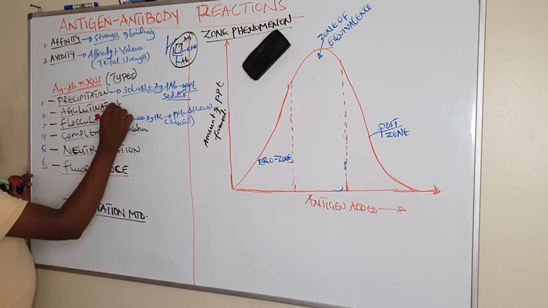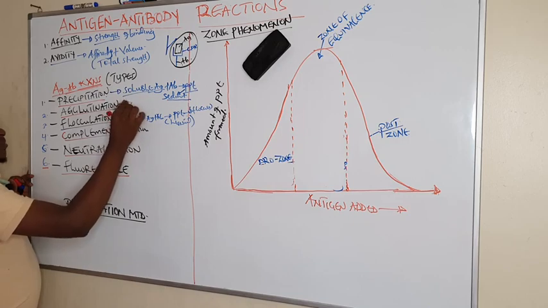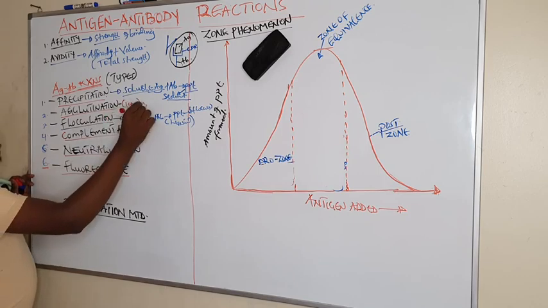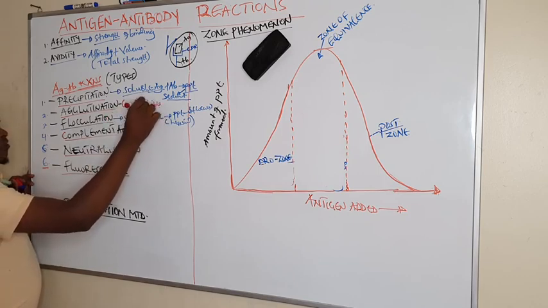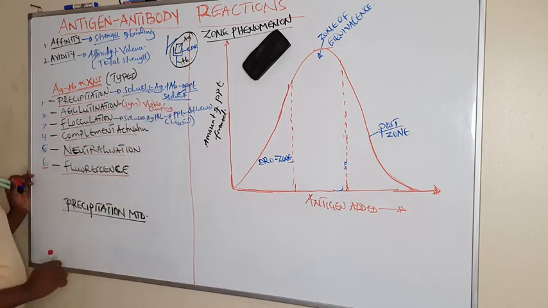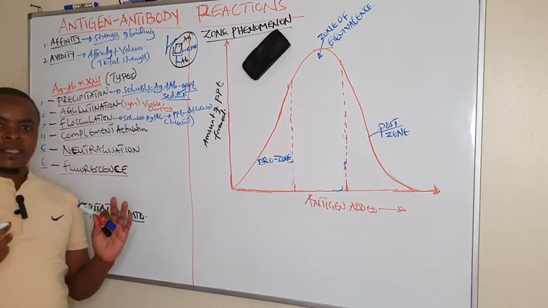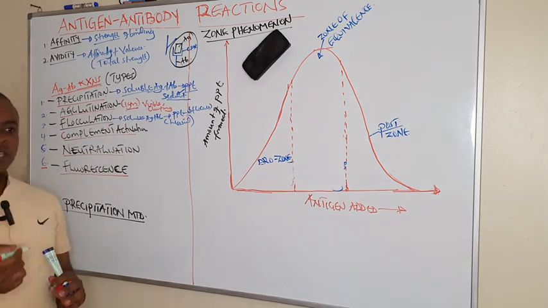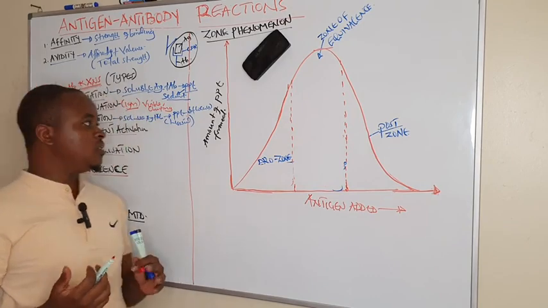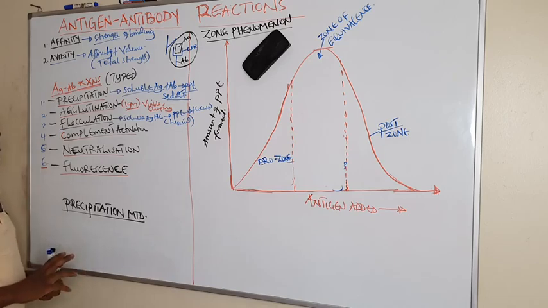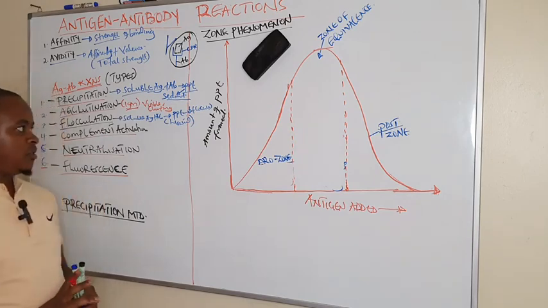Then agglutination, where we shall see IgM being involved to form visible clumping. We shall see different agglutination tests performed under this, which involve antibodies, especially IgM and to a lesser extent IgG, which bind to different epitopes of the antigen to form visible clumping, or what is known as agglutination.